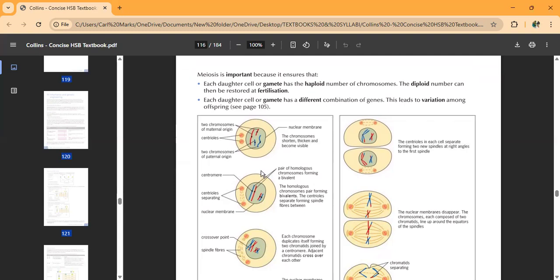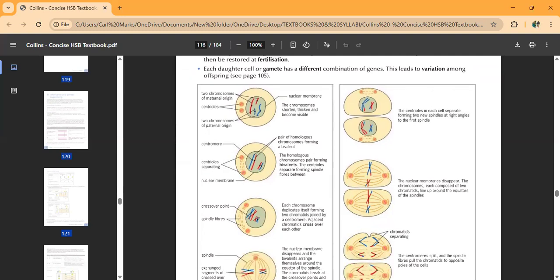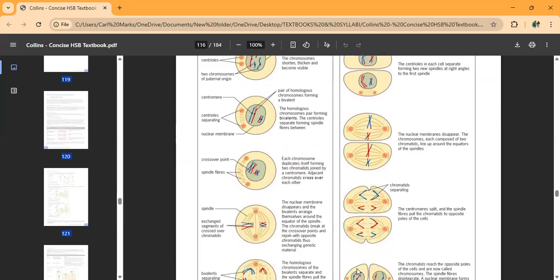They start to have a spindle being formed, and then our little threads would have a centromere and they duplicate. Then eventually the chromosomes will go to the equator. You have the spindle there, and then they separate.